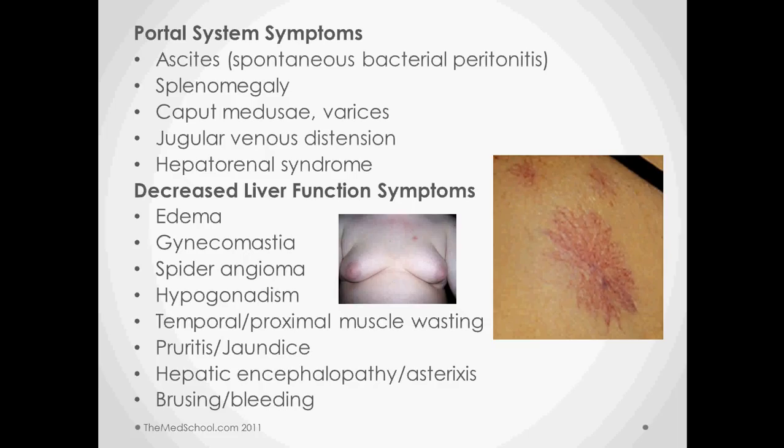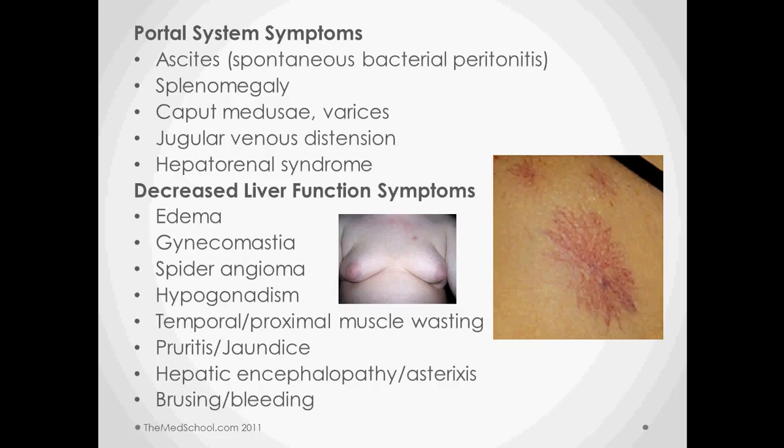That's the big one where you need to be worried about esophageal variceal rupture, where you get hematemesis, and a lot of these people die this way. Hepatorenal syndrome is a function of decreased blood supply to the kidneys, which can end up giving you kidney failure.